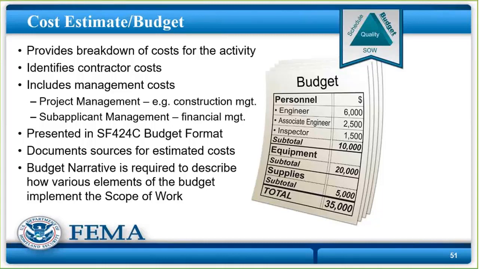We also need to know if you're going to put in that your construction costs are $1 million. We need to see the detailed construction cost estimate. If you're going to have staff from the tribe that are providing the match and doing the project management, we're going to need their salary and fringe rate.